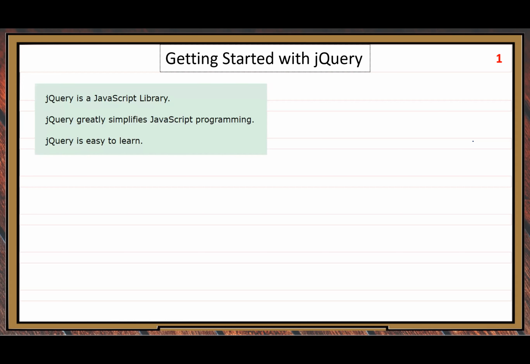So it's a JavaScript library that greatly simplifies JavaScript programming. First, you can do the same thing, but if you use the jQuery way, it's simpler. Second, jQuery has special ways to do simple special functions, so you can do more than regular JavaScript.